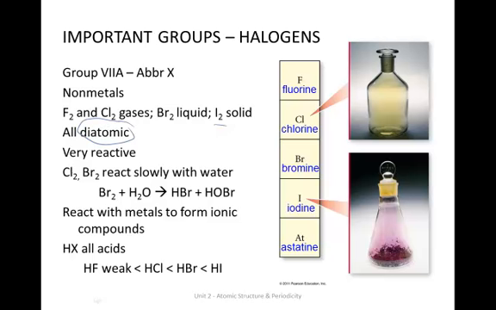They're also very reactive and very toxic to us. A lot of them are, I guess, fluorine and chlorine. They all will produce acids when combined with hydrogen, as we previously said. And one of the things that we'll discuss is that the strength of the acids follows a characteristic pattern of the group.